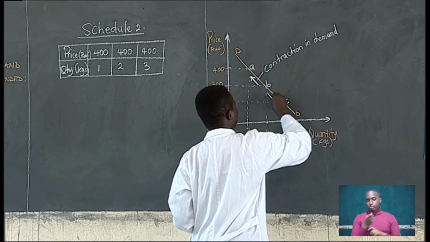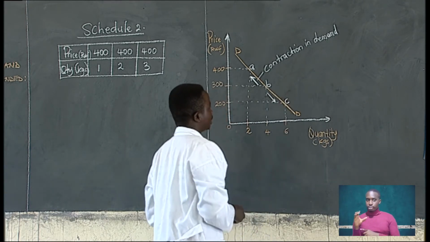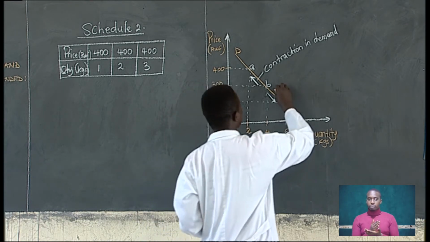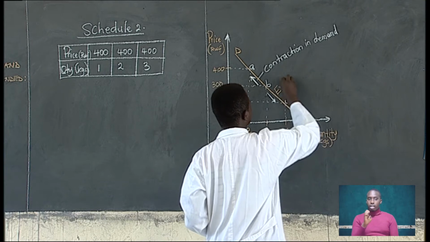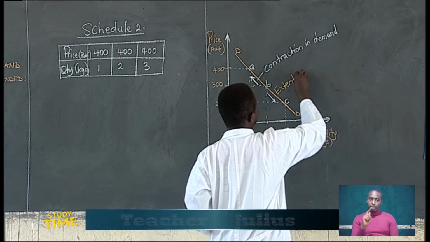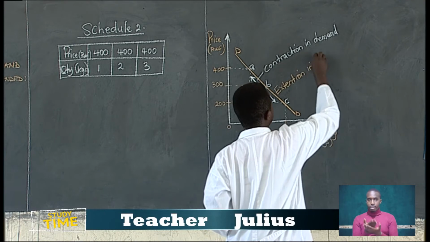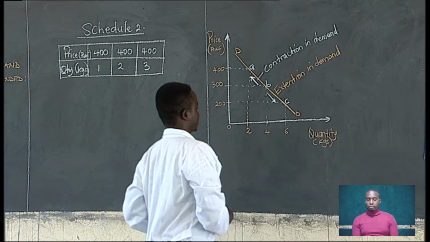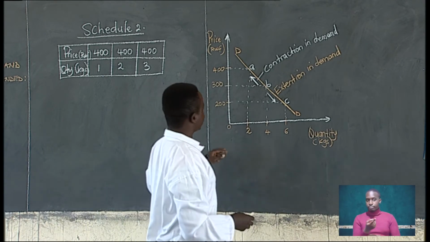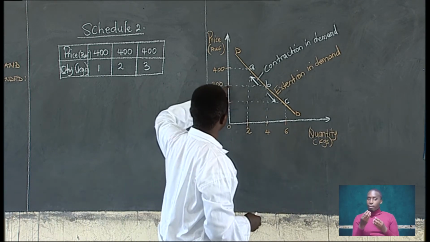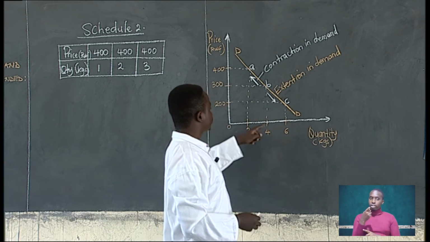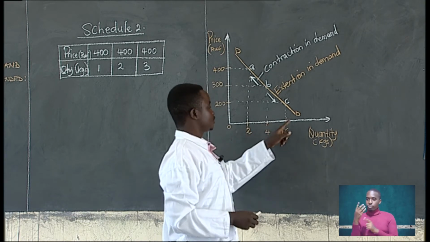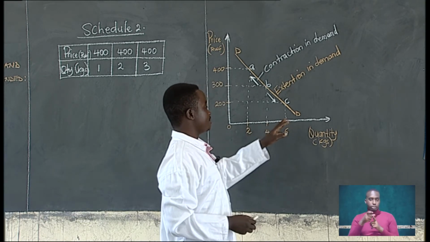Then from point B to point C along this curve, there is an extension in demand, which indicates that as price reduced from 300 to 200, quantity demanded increased from 4 units to 6 units, an increase of 2 units.